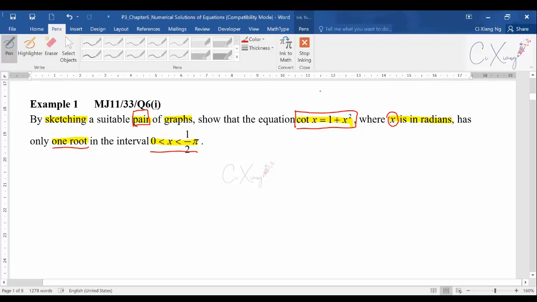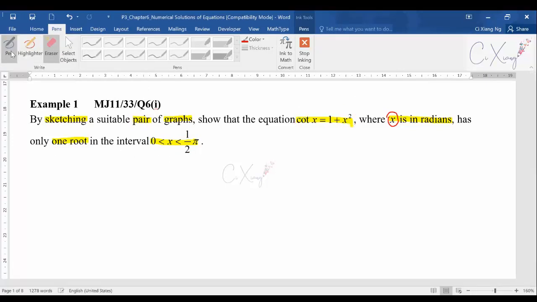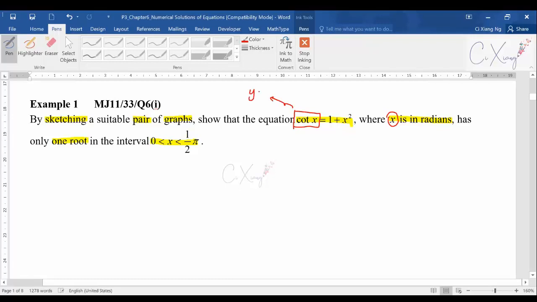All right, so how should we complete this? Let us start now. Based on the equation that they give you, they want you to sketch a pair of graphs. Therefore, usually I will tell students, you draw one graph as cotangent x. So you need to sketch y equals cotangent x.